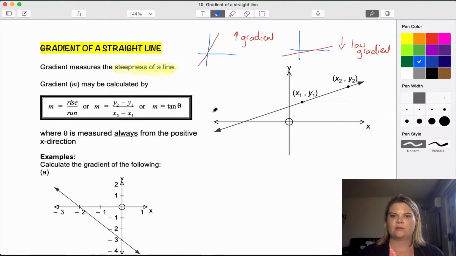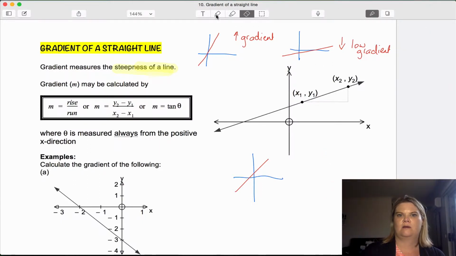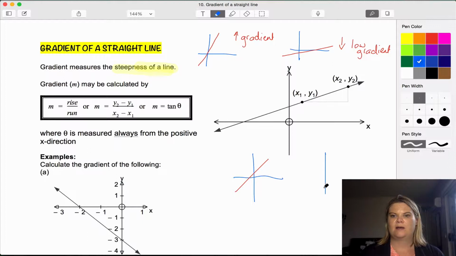Also, we need to remember that the first graph I've drawn has a positive gradient, and this one here is a negative gradient.